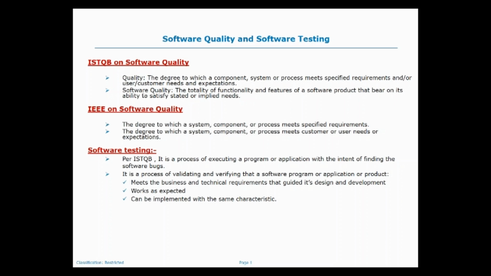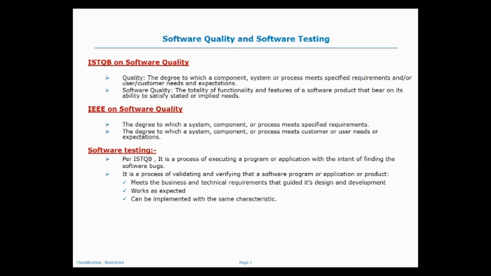Per ISTQB, software quality is the totality of functionality and features of a software product that bear on its ability to satisfy stated or implied needs. The stated and implied needs come from your clients when they tell you, this is my requirement, this is what I want.